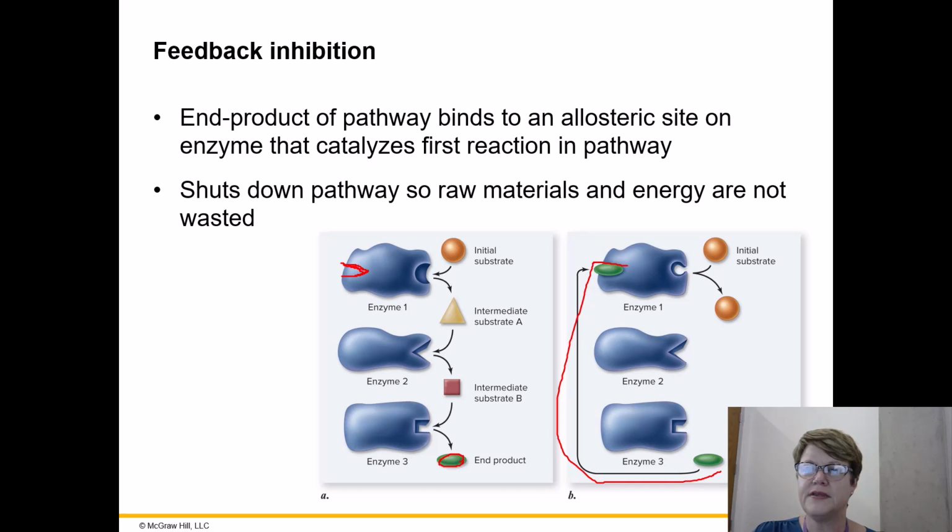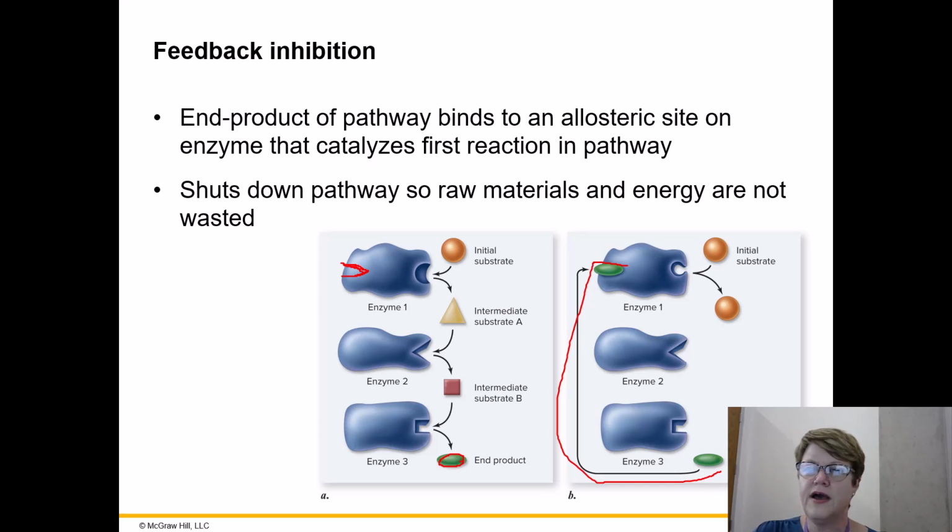And when that happens, it changes the shape of the enzyme, and therefore the active site's shape no longer accepts the true substrate. And that's going to be a temporary condition. It's one of those types of inhibition that is not permanent.